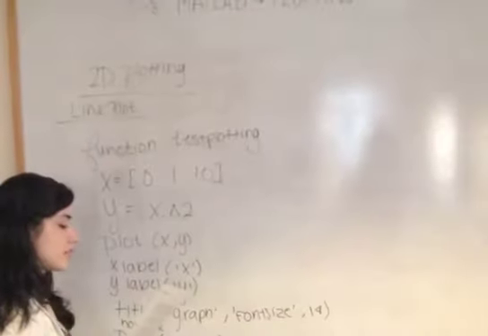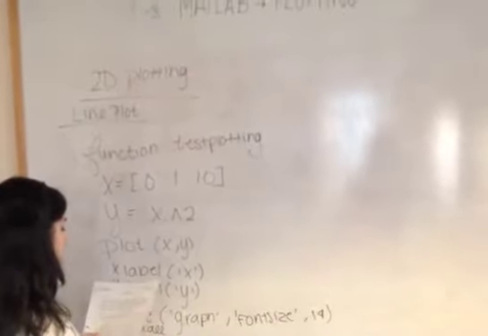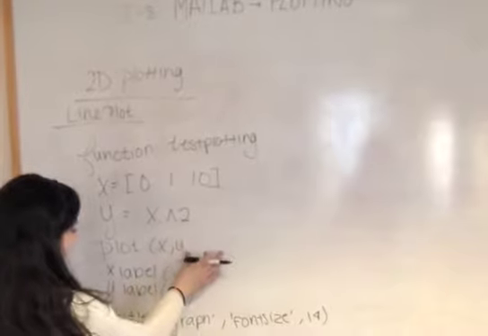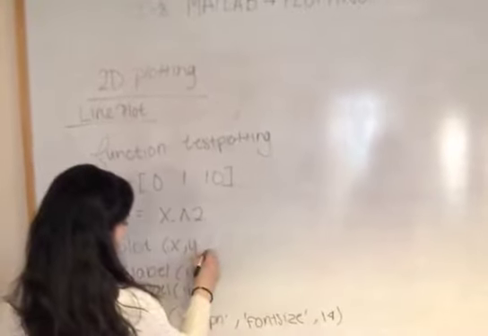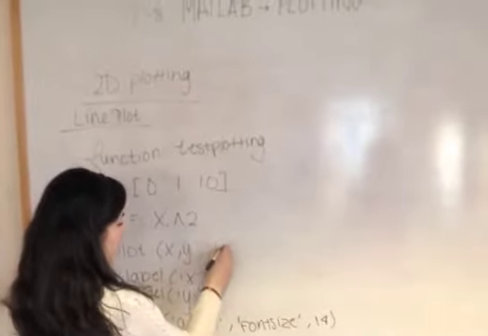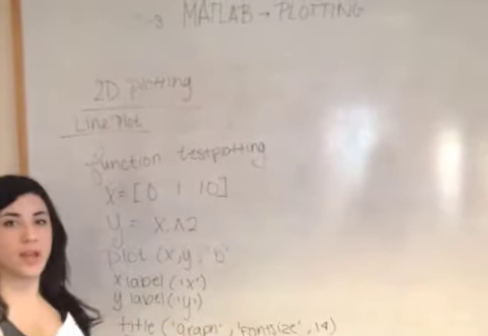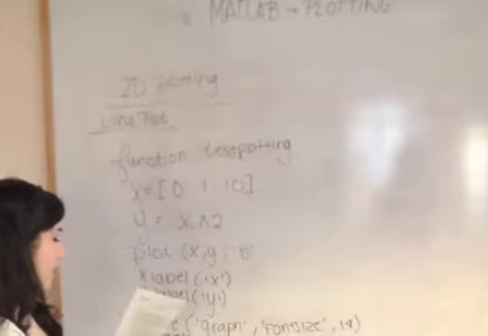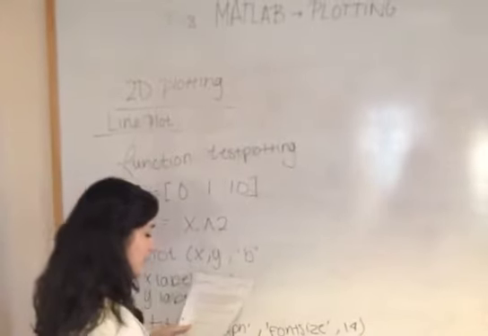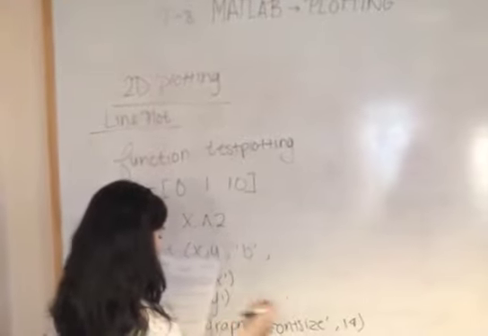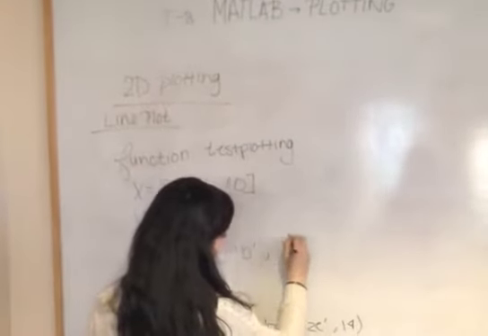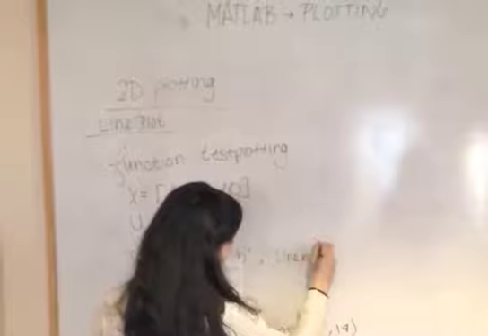Other functions we can do with the line specifications. We can go back into this plot line, and if we want to change the color, all we have to do is add B for blue, R I think is red, and K is black. And then if we also want to change the line width, we do another comma, and we write line width.